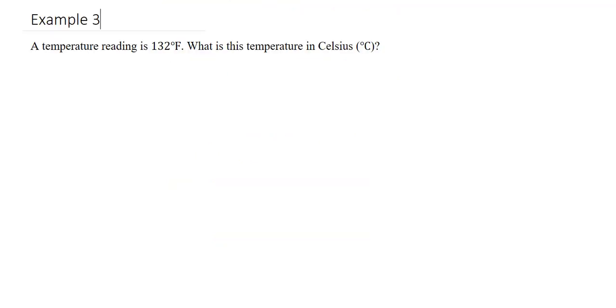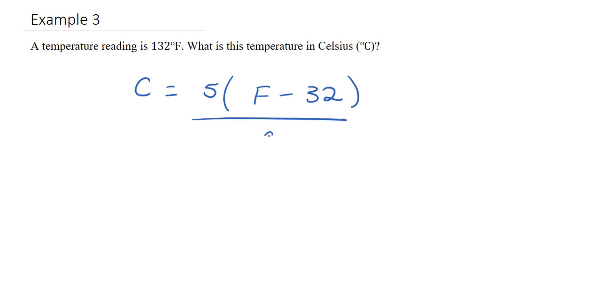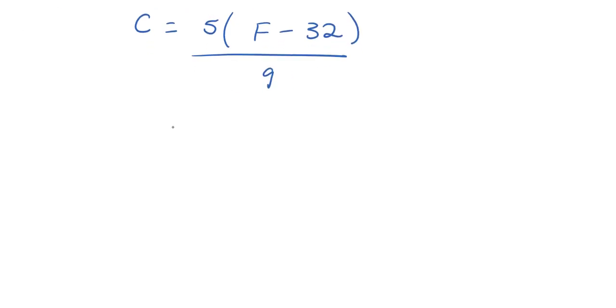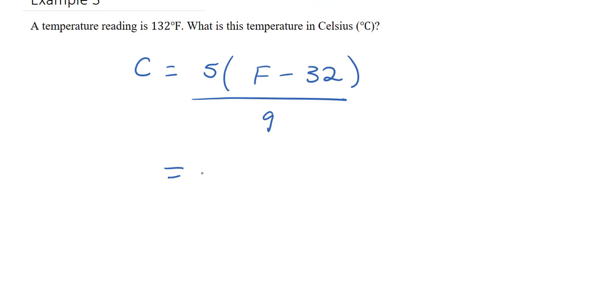So example 3, we have a temperature reading of 132 degrees Fahrenheit. What is this temperature in Celsius? So our formula, let's fill this in. We have 5, and we plug that value in there.